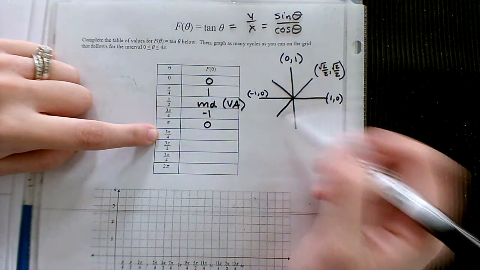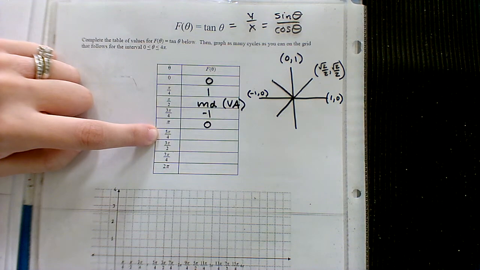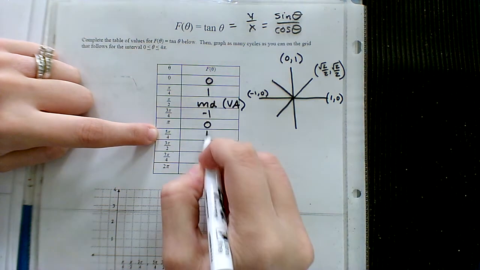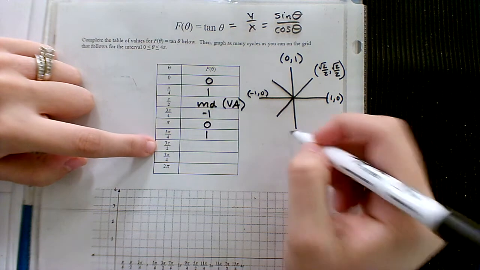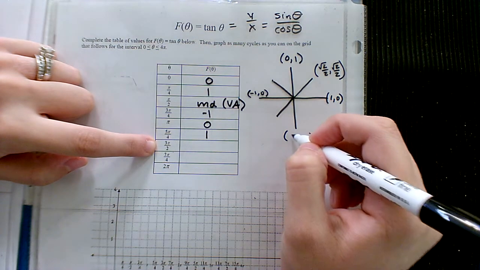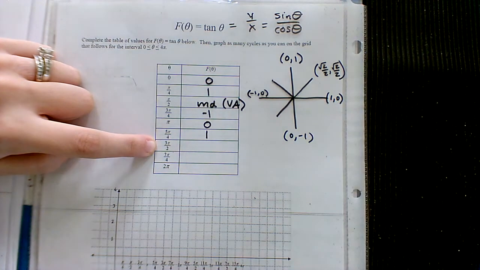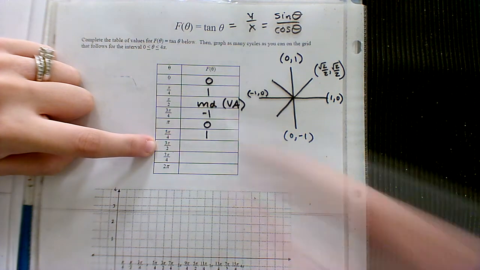5 pi over 4, middle of the third quadrant. What would the y divided by x give us? Yeah? Positive 1, good. They're exactly the same and they're both negative. 3 pi over 2, very bottom. 0, negative 1. Y divided by x. Yeah?